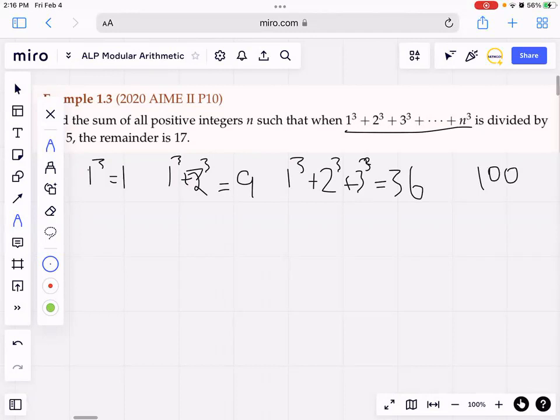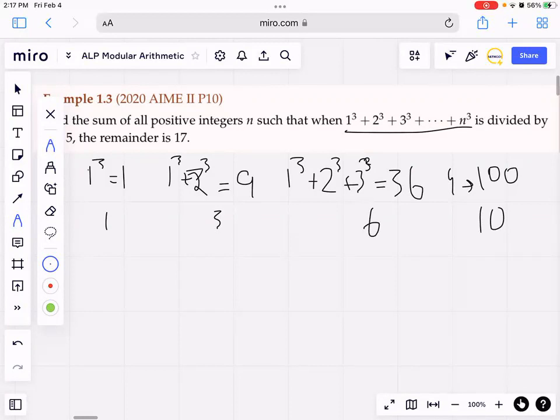So this is an interesting pattern we see here, and we have to try to find a formula for this. This is 1 squared, this is 3 squared, this is 6 squared, this is 10 squared, and so on, up to n equals 4. How can we get there?